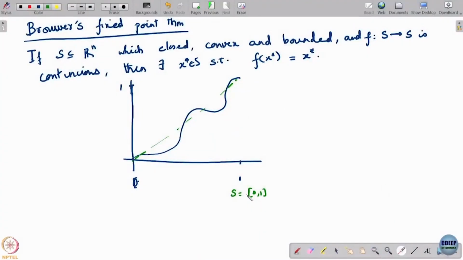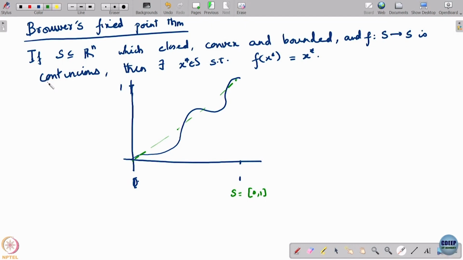Brouwer's fixed point theorem is generalizing this by saying the set S is now not just [0,1], it is any closed, convex and bounded set in R^n, in n dimensions. The function maps the set to itself, so it maps S to S, and the function is continuous.